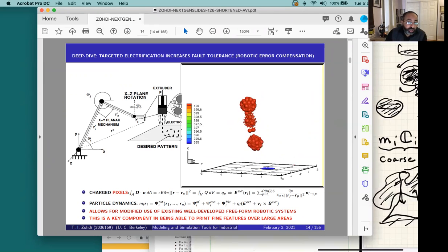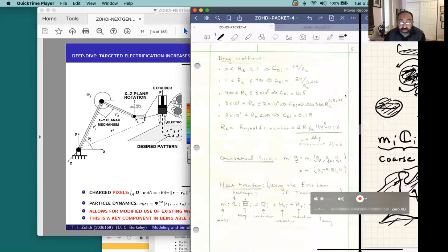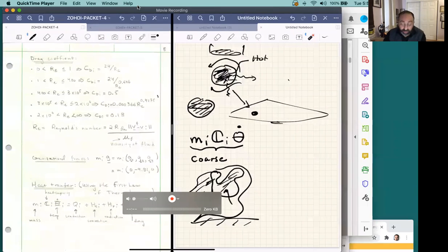The electrical charge is so strong it'll pull the material apart. Then as it hits the target, it starts to change its shape. It melds with the other thing and then it splats. We're going to make gross simplifications and say, you know what, we don't know anything. This is just a blob of material. So that is still our little point mass that we've been including in the analysis here.